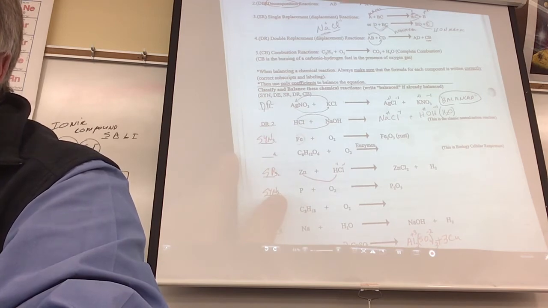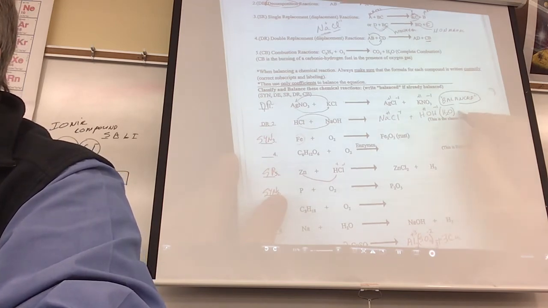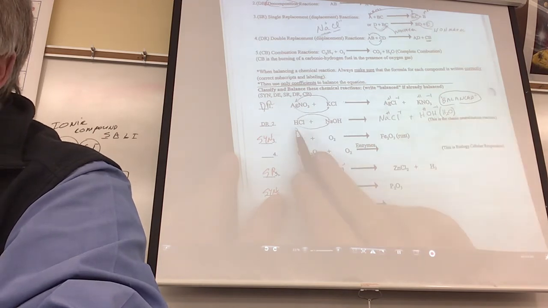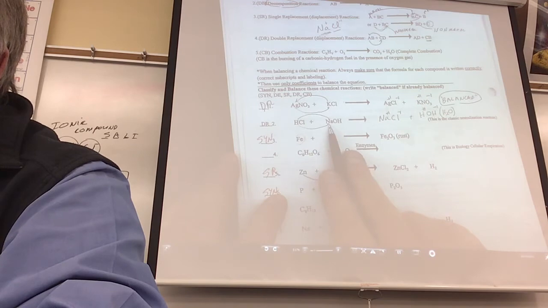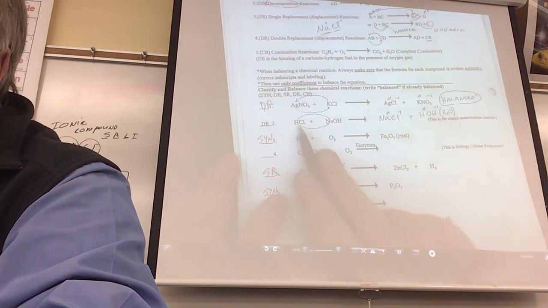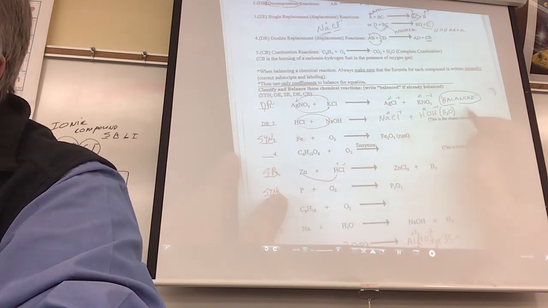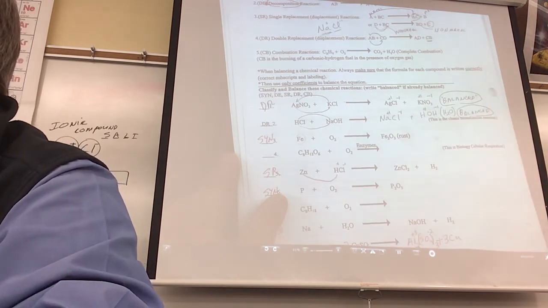Is it already balanced? Is it or not? 1 chlorine, 1 chlorine. 1 sodium, 1 sodium. 1 hydroxide, 1 hydroxide. 1 hydrogen. So I have to write the word balanced. It gets a lot more fun than this. It just happened to be that the first 2 were already balanced.